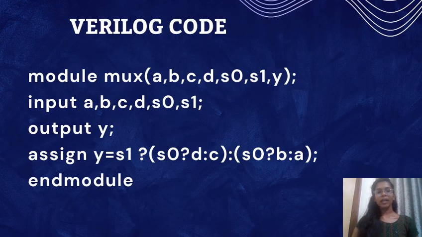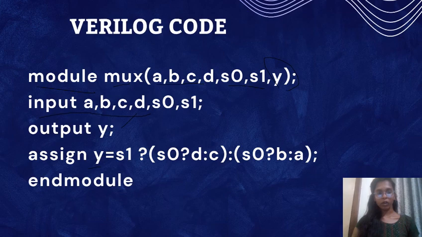Okay, coming to the Verilog code, module and declaring the name mux. It has 4 inputs A, B, C, D and selection lines S0, S1 and the output Y. Inputs are A, B, C, D, S0 and S1 and the output is Y, and we are here assigning a condition.